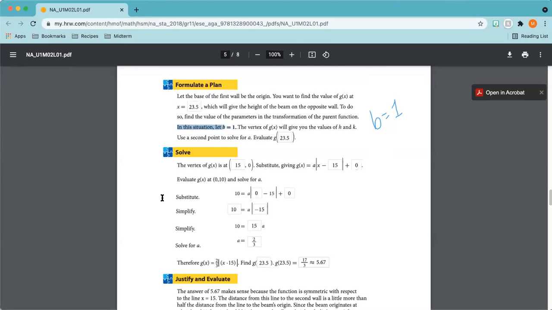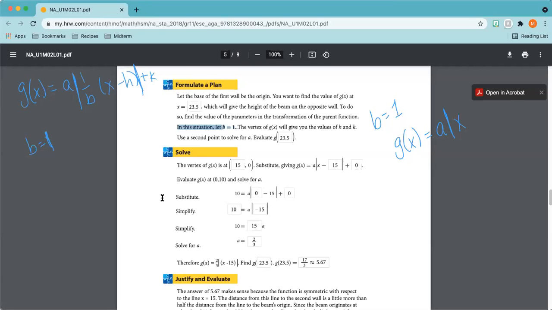Substitute, giving g of x is a, the absolute value of x. Can you guys see the a clearly? Is that okay? Do I need to rewrite it somewhere else? Okay. Remember that we had our original g of x equals a times the absolute value of 1 over b, x minus h, plus k. So they've already told me b equals 1.